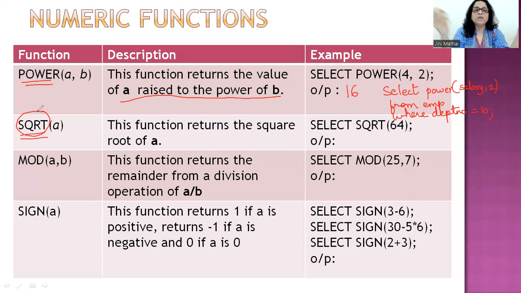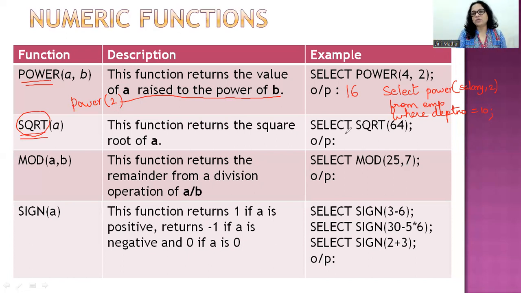For example, imagine if I just wrote power in bracket 2, it doesn't make sense. Power in bracket 2 means what? You need to be giving the base as well as the exponent. So 2 data elements were required for the power function, but that's not the case with sqrt. When you want to find the square root of a particular number, you just need to be giving that number.